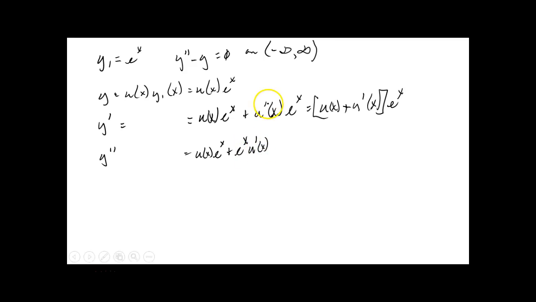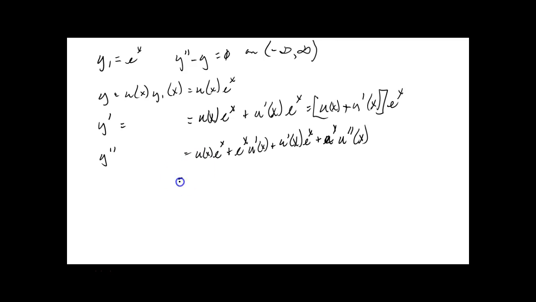Okay, that's the first one. Let's do the second one. You just took the derivative of this one here, so now take the derivative of that: u prime of x e to the x, plus e to the x u double prime of x.